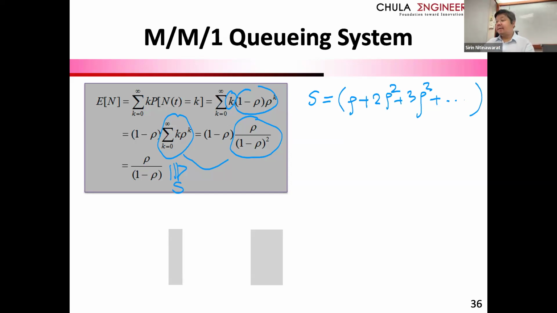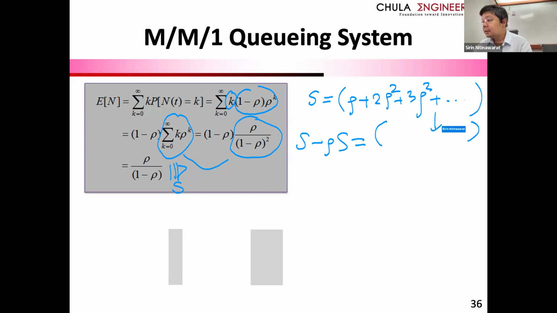Now I want to define an equation that will describe S. So what do I do to S? Same trick. What if I do S minus rho S? What will happen? S is this term.